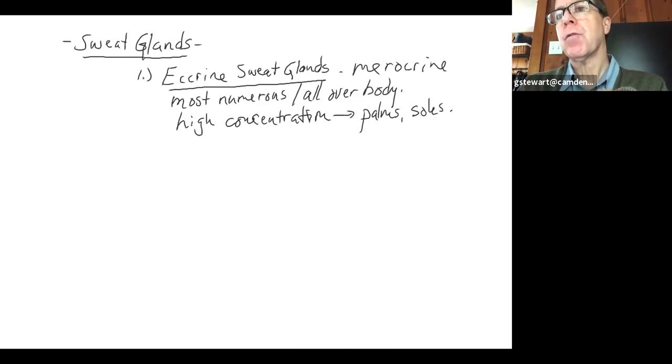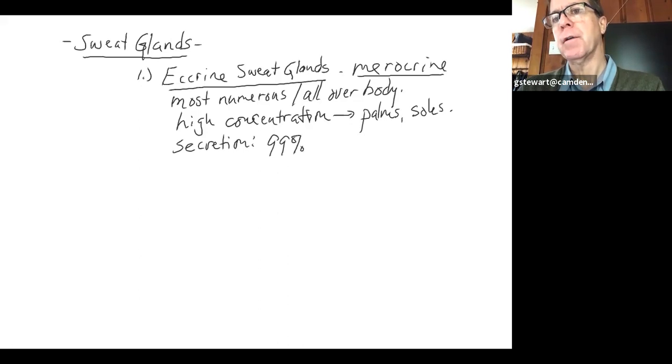We know that their secretion is released by exocytosis and the cell is not disrupted. And here's what's actually in sweat, or the secretion constituents. I just wrote the word secretion and I'm going to list some things. 99% of it is water.